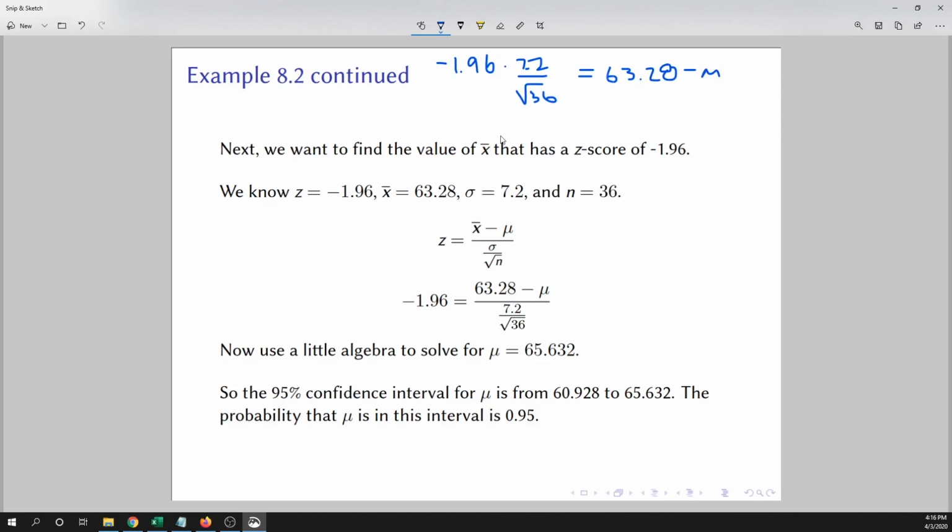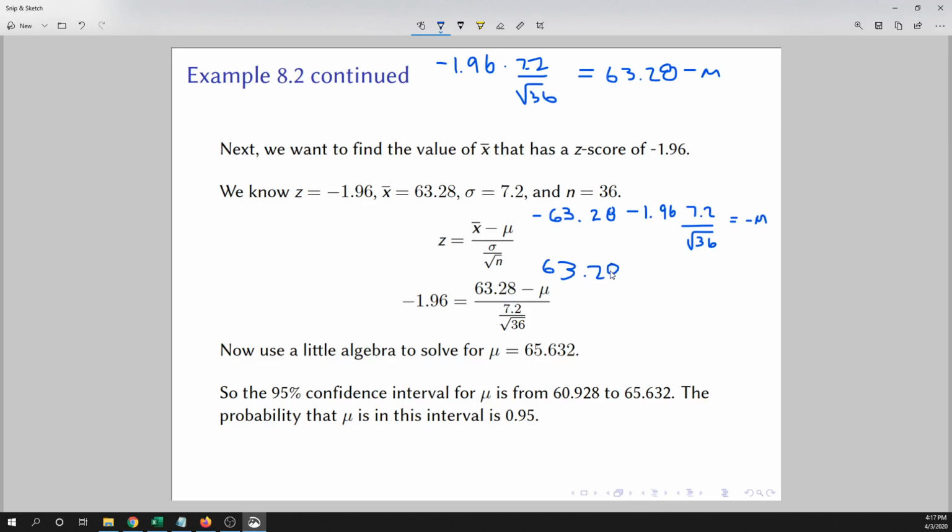That'll get rid of this number and move it up here. Then subtract 63.28 from both sides. Then multiply it through by a minus 1.